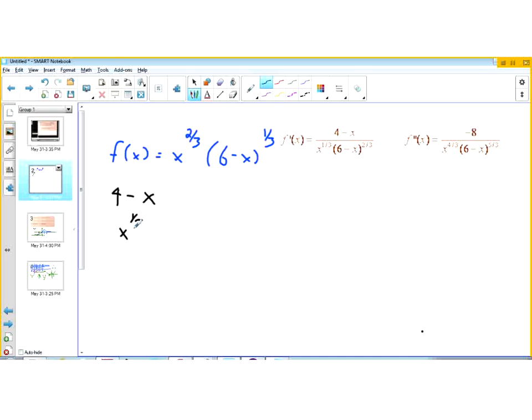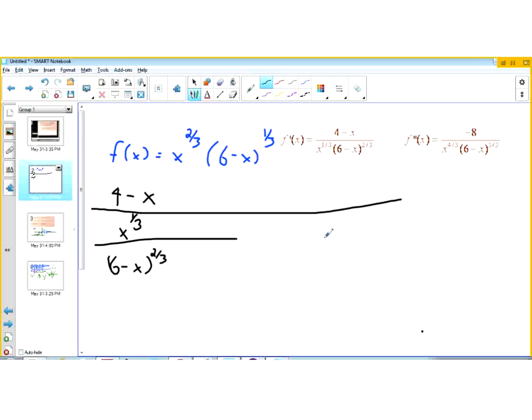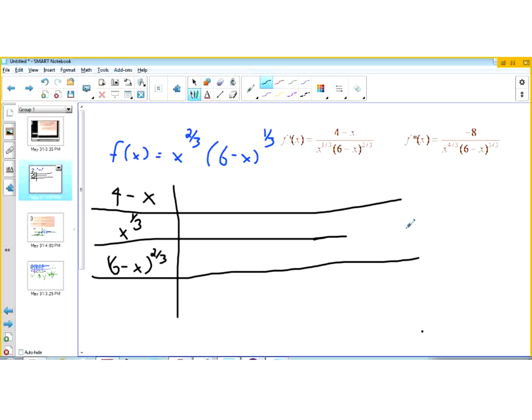So the factors are 4 minus x, x to the 1/3, and 6 minus x to the 2/3. So these are the three factors. And we're trying to find out where the critical numbers, the local mins and local maxes of this function are.